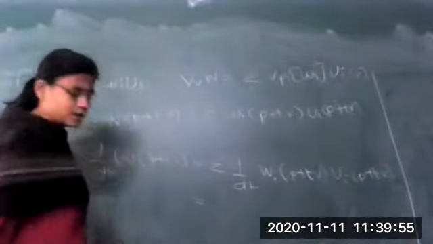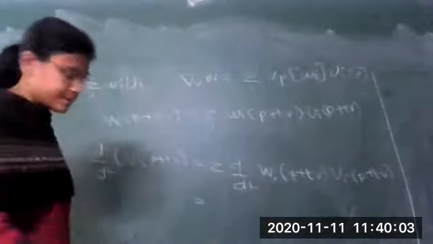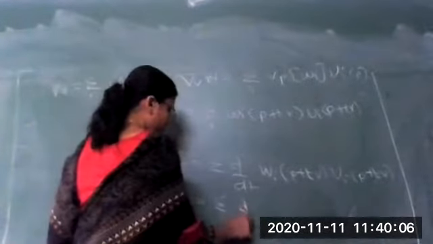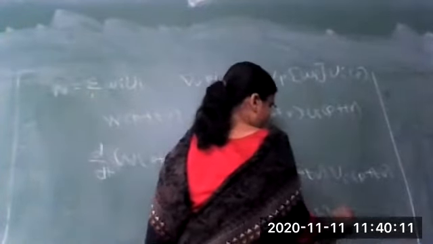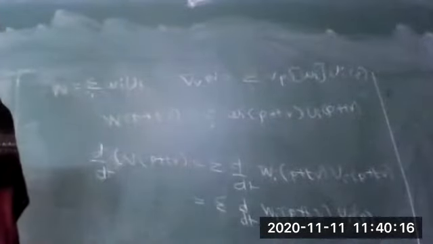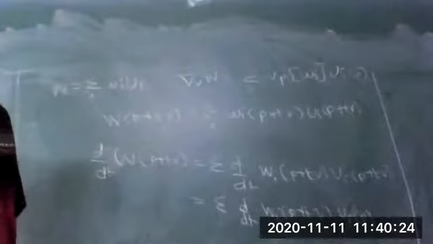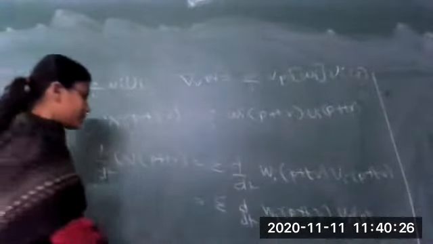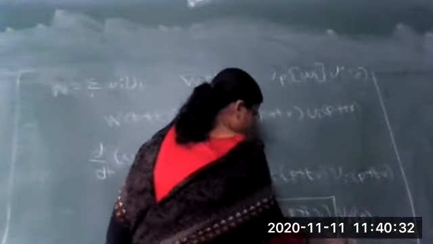So what I get is summation over i d by dt of Wi of P plus tV, as it is, times Ui at a point P, because at t equal to 0 it will simply be Ui of P. We have not evaluated the derivative, hence we have kept d by dt of Wi of P plus tV as it is. So what is the value of this d by dt of Wi of P plus tV at t equal to 0?